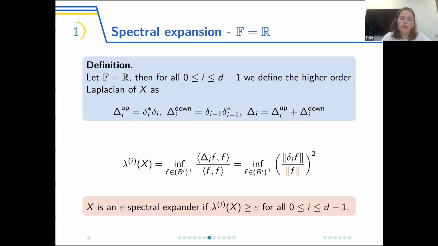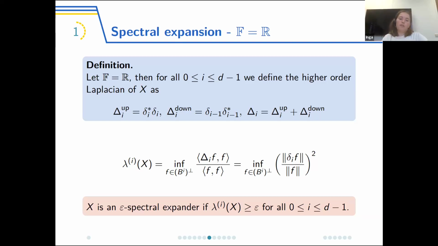And I hope I could convince you that this is really a generalization of what we did for the graphs. And to see how this relates to the next definition, I also wrote this down in terms of the norm induced by the inner product. So it really just depends on the delta i here.